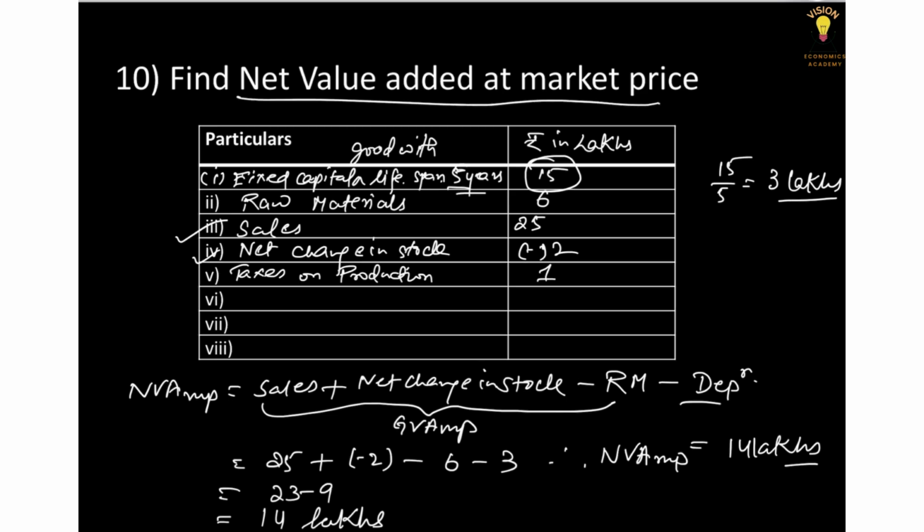Net value added at market price has been asked. We know sales plus change in stock give us value of output. Value of output minus intermediate cost, that is raw materials, will give us GVAMP. From GVAMP to NVAMP we just have to convert gross into net, and that is by simply subtracting depreciation.